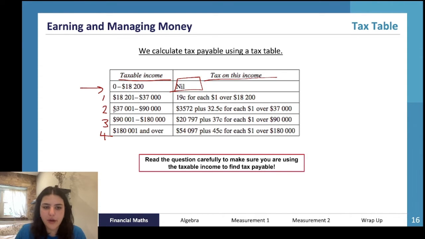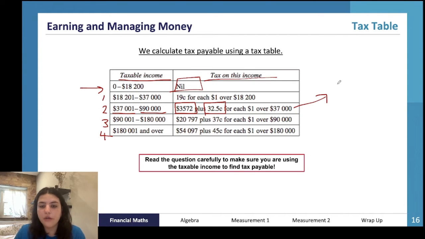So for somebody who earns between $37,001 and $90,000, or rather has that taxable income, their tax is $3,572 plus 32.5 cents for every dollar that they earn over $37,000.